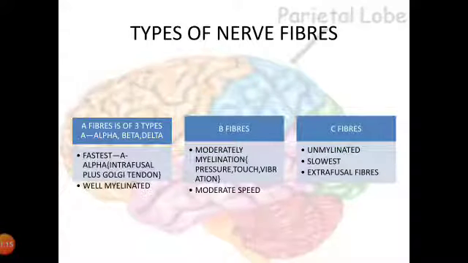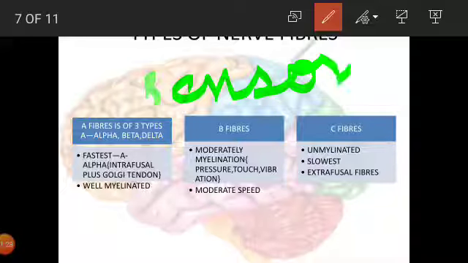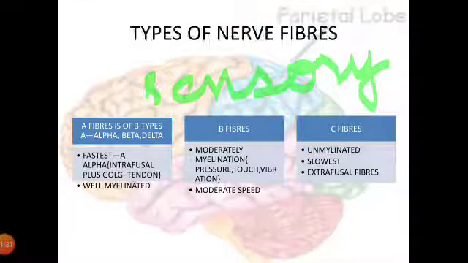Now there are different types of sensory nerve fibers as well that will receive the information. These are of three types: A, B and C. A are more myelinated, therefore they are the fastest. C are poorly myelinated or unmyelinated, therefore they are slowest.